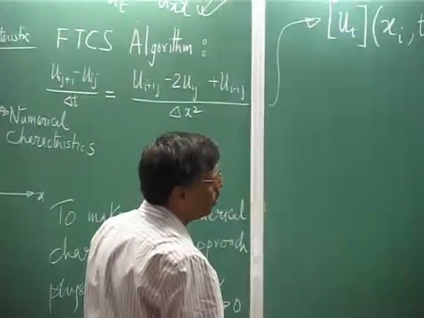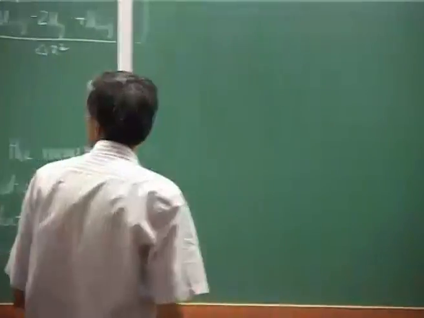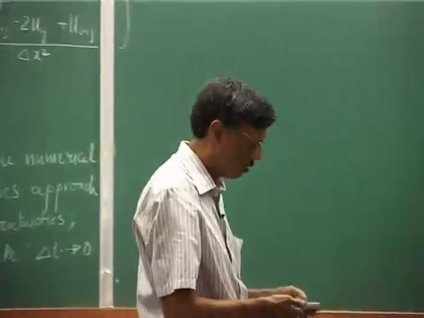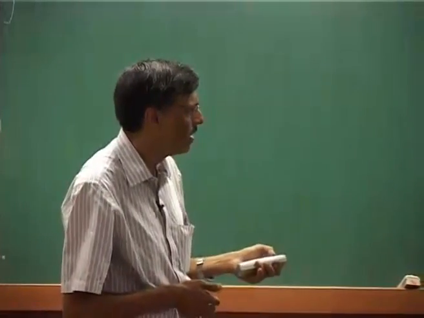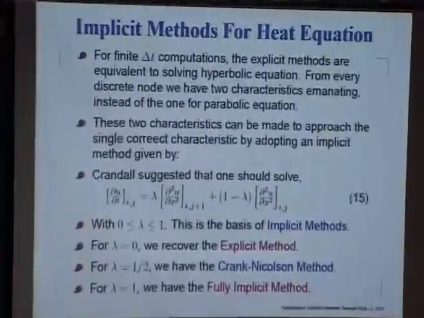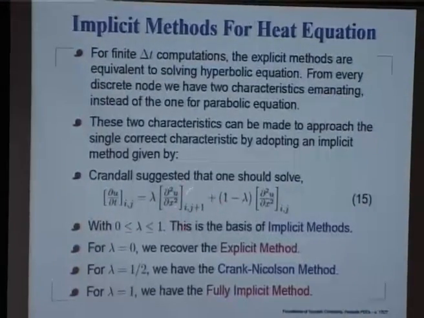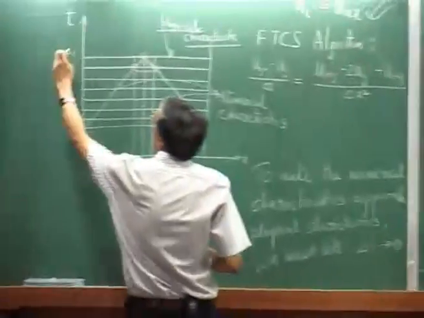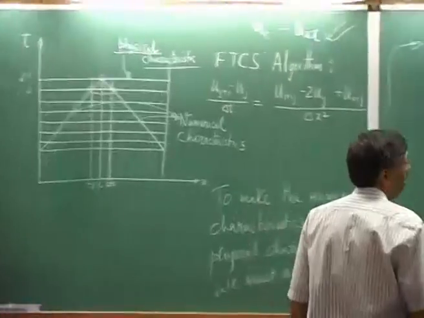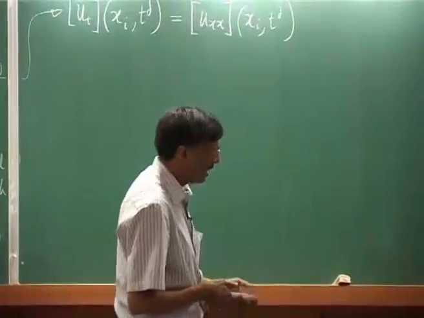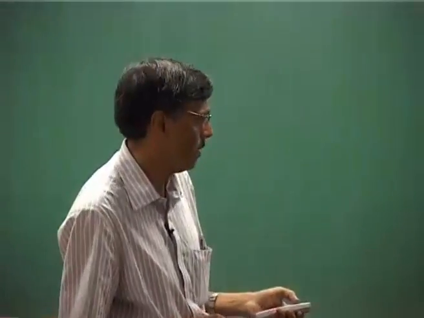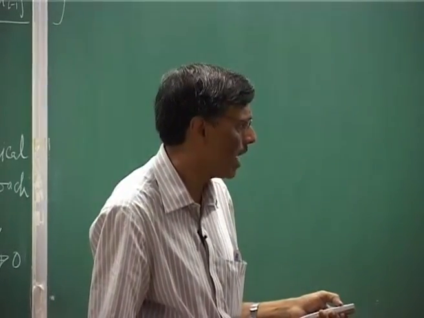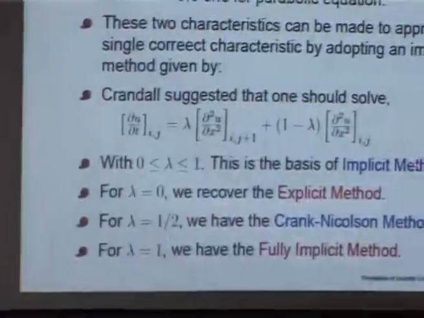Now, what we could do is the following, like what we have written down here in equation 15: we will take the right hand side evaluated at two time levels. One is at the jth level, suitably blended with the second derivative evaluated at the prior level. So basically we are rewriting the right hand side as a weighted average.